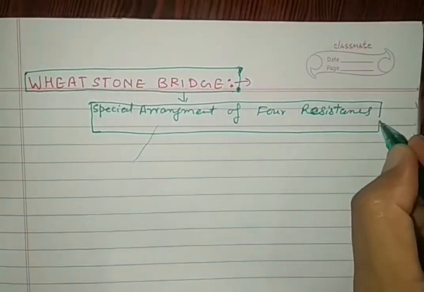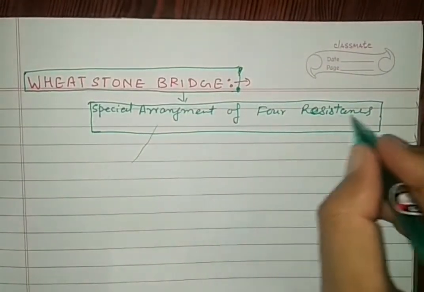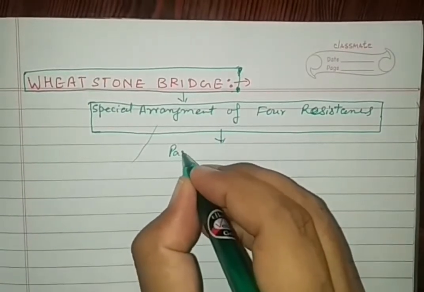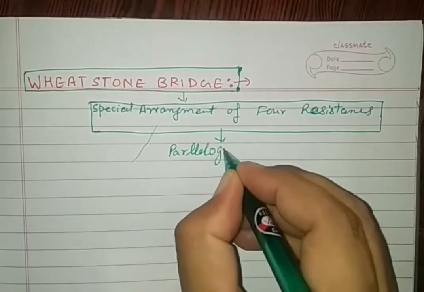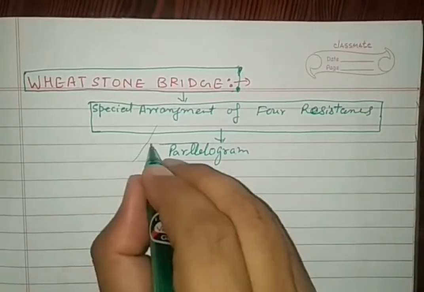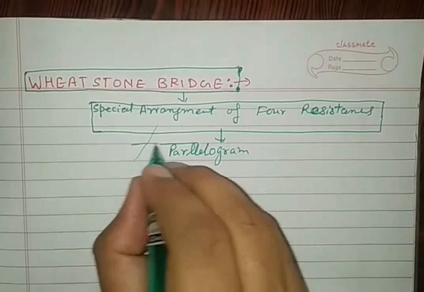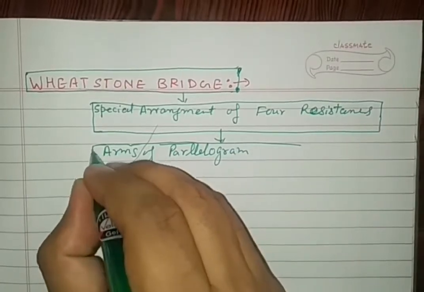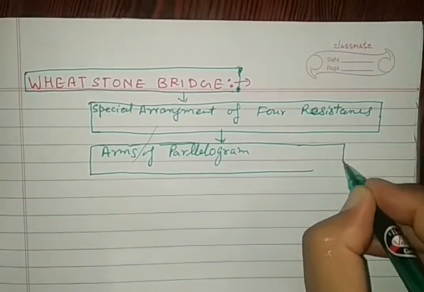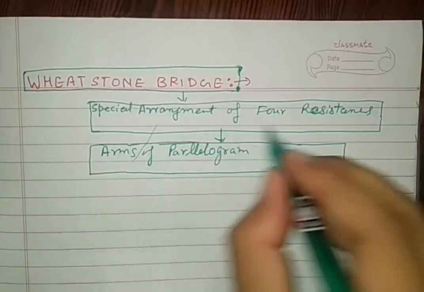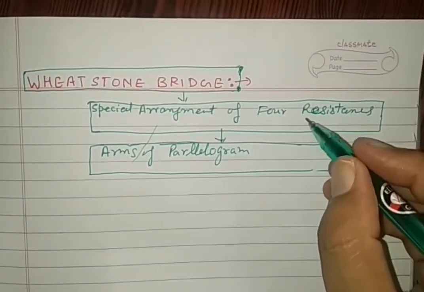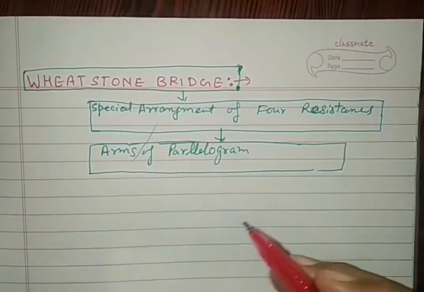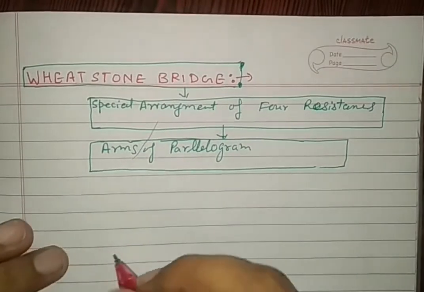We are connecting four resistances in a spatial arrangement, that is, in the form of a parallelogram. So the resistances are connected according to the arms of a parallelogram, right? Let us see the diagram of how these four resistances are connected like the arms of a parallelogram, and what is special about this combination.